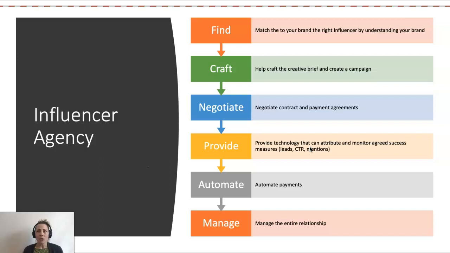So they'll help to connect to the strong why behind your brand. Why are you in business? What is it you're trying to do? Who is it you're trying to help? What's unique about your product or service? And from that, they will create inventive, creative, original campaigns and help to develop a brief for the influencer to use so they know how to represent your brand.